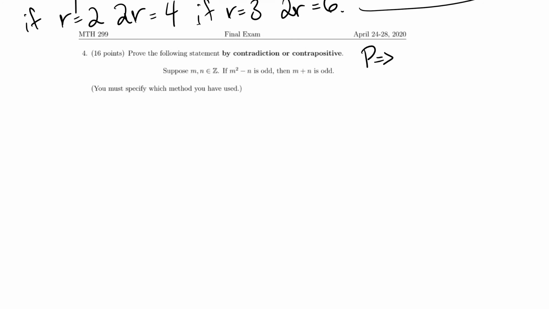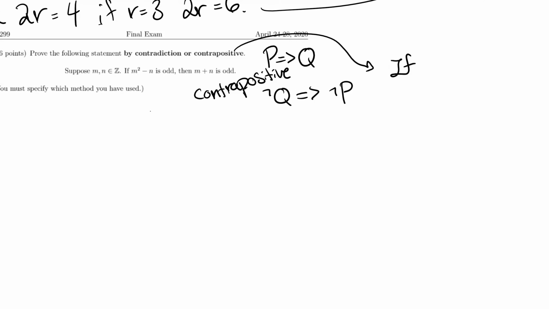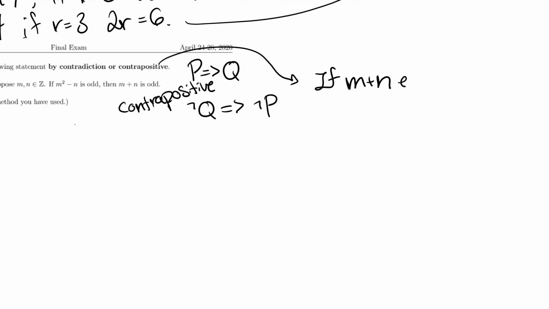If we have P implies Q, then the contrapositive is not Q implies not P. So the contrapositive here would mean, with m and n integers, if m plus n is even, then m squared minus n is even. That would be the contrapositive statement, and you would just prove that directly.